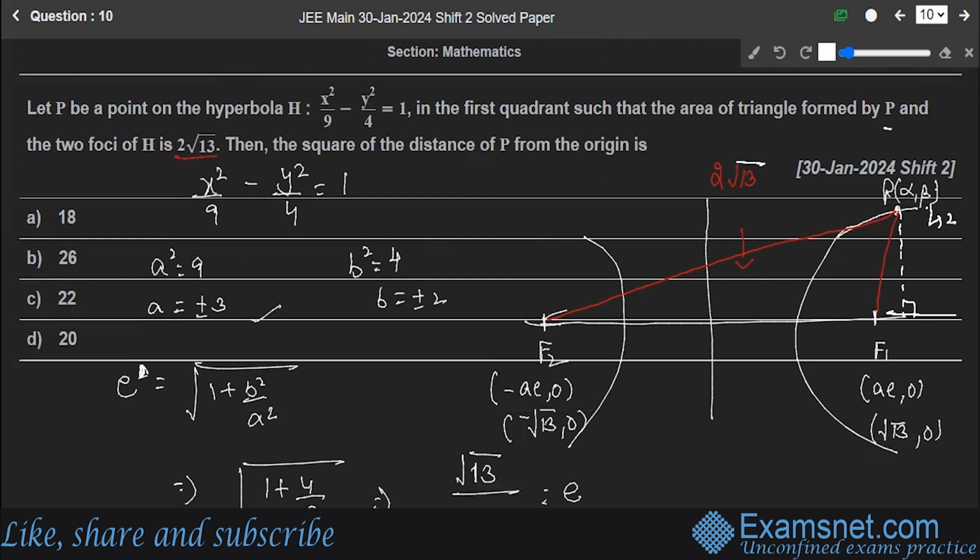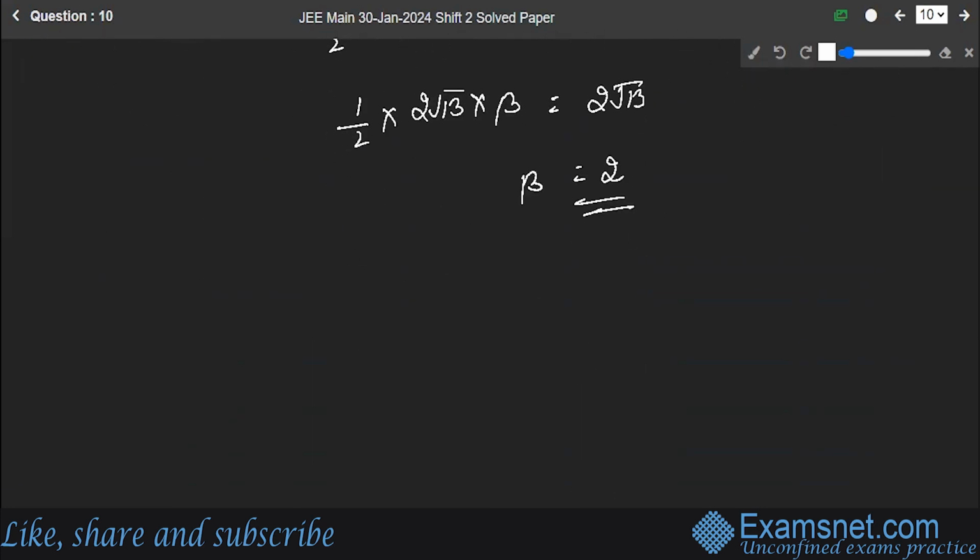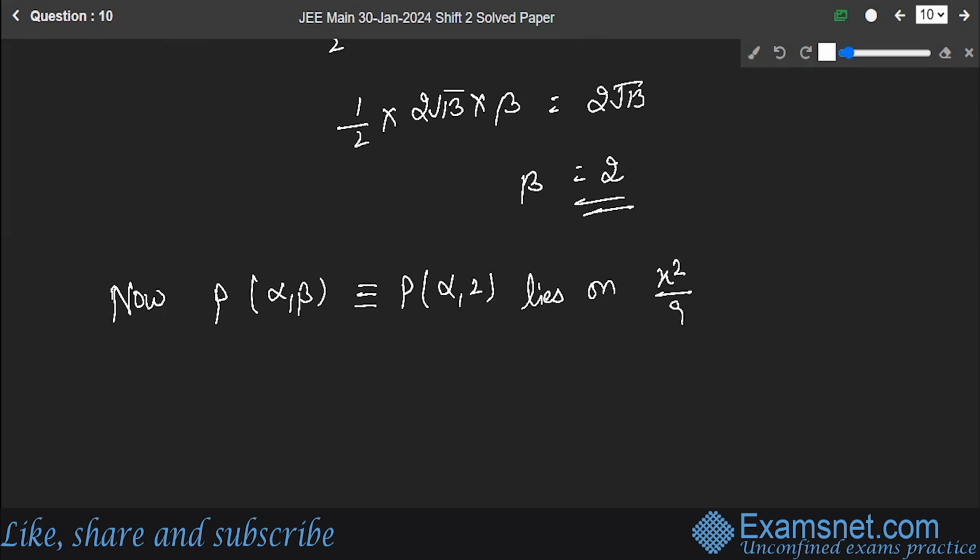Let's find out alpha. Anything given? No. All right. Anyways, this point (alpha, beta) lies on this hyperbola. So I can find out alpha as well. Now, point P, which is (alpha, beta), where beta we just solved to be 2, lies on the hyperbola x square upon 9 minus y square upon 4 is equal to 1.